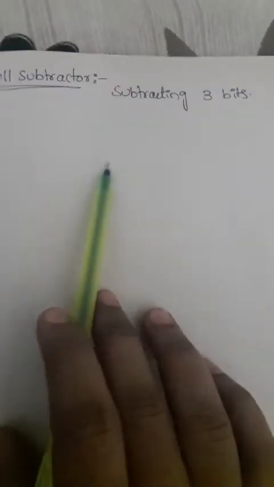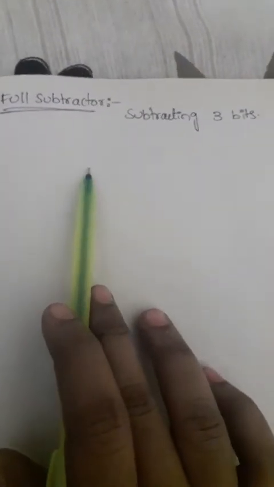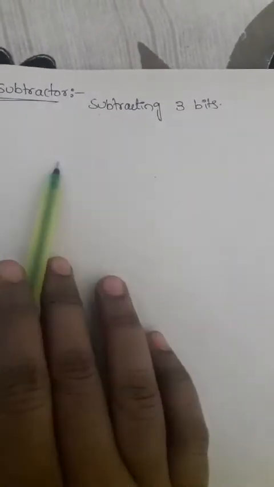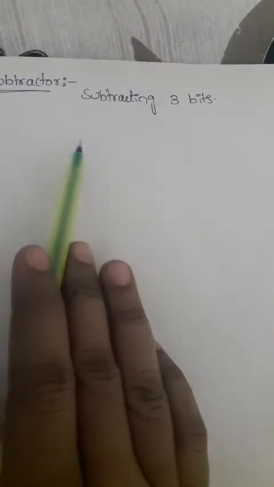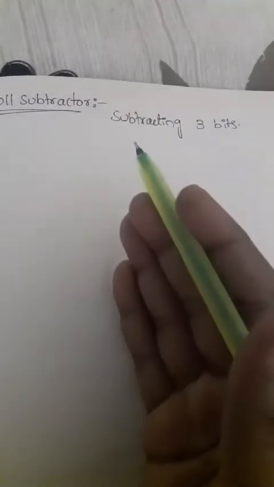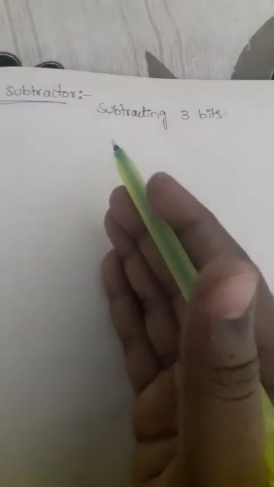Initially we have the half subtractor, as we discussed in the previous class. But by using the half subtractor we can perform the subtraction between only two single bit numbers, right? If any borrow occurs to the next bit, then we need to perform the subtraction between 3 bits, and then the half subtractor is not going to perform that operation.